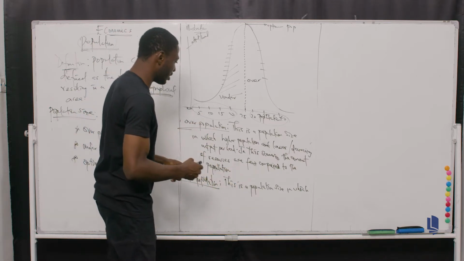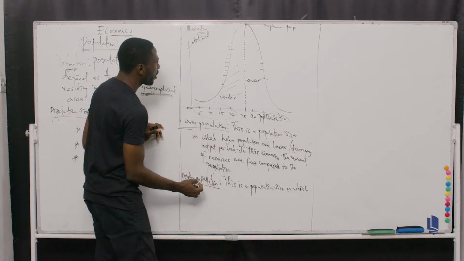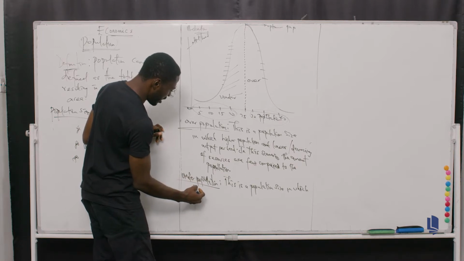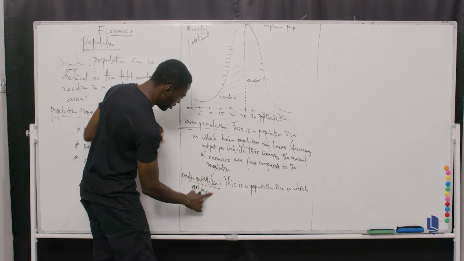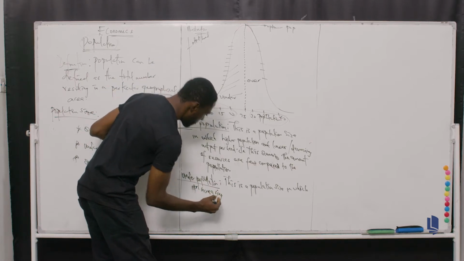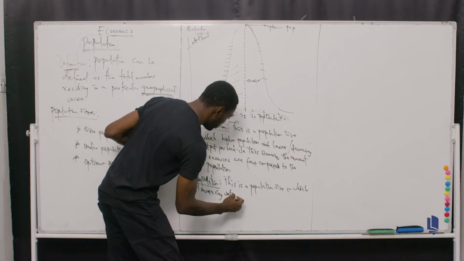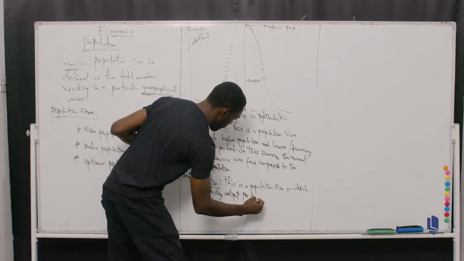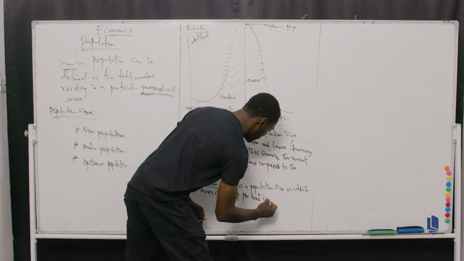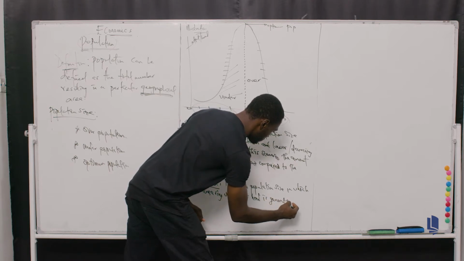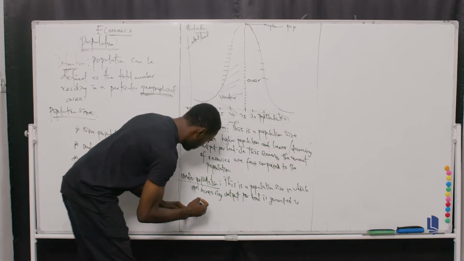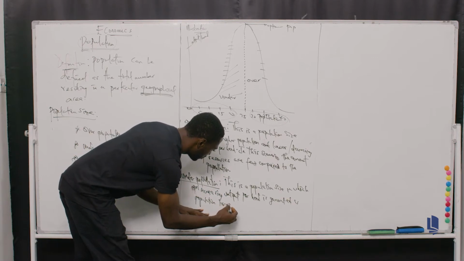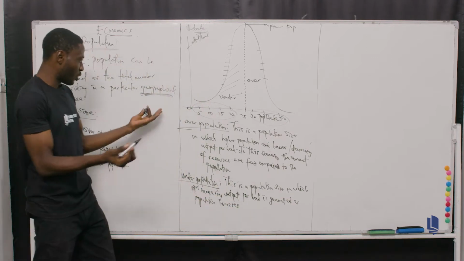So this is a population size in which an increasing output per head is generated as population increases. Okay, so you can see that's what the graph is saying.